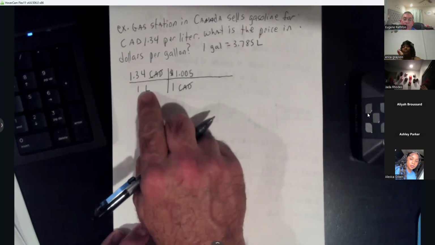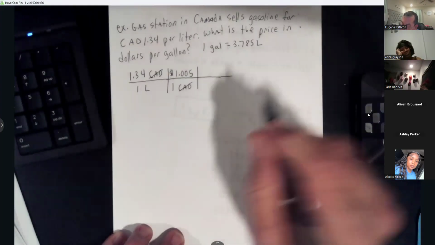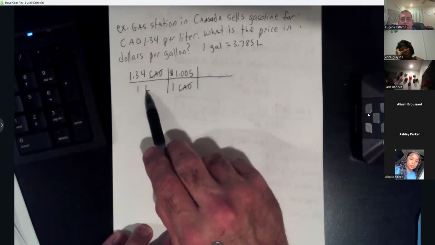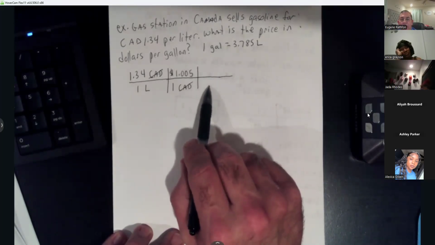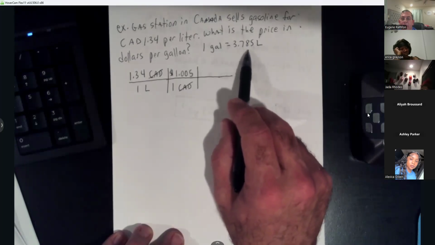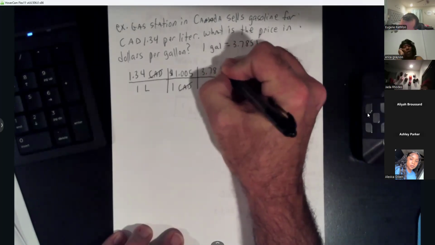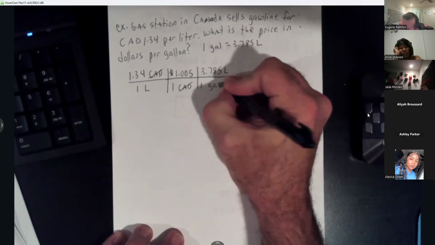Now I'm going to convert from liters into gallons. So remember, liters has to cancel. So since this liter's on the bottom, my liters will be on top and my gallons will be on the bottom. So 3.785 liters for every 1 gallon.